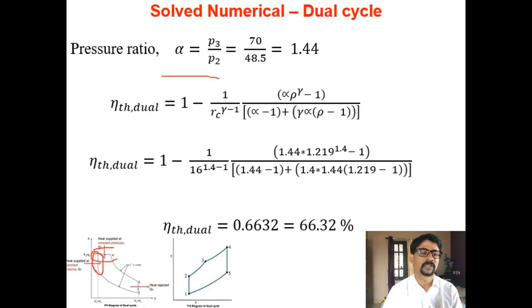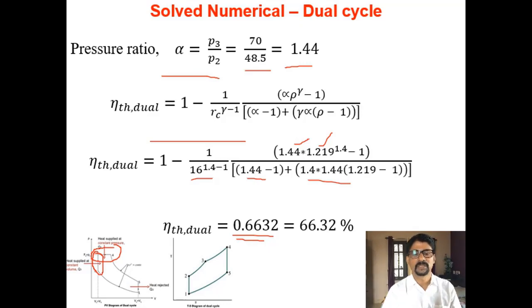Here is the cutoff ratio, which takes place at constant pressure. Sorry, so alpha is equal to 70 by 48.5, which is 1.44. Once again I wrote the expression for efficiency before substitution, to make it clear. RC is 16, gamma is 1.4, alpha is 1.44, rho is 1.219. Substituting, you'll get the dual cycle efficiency as 0.6632 or 66.32%.